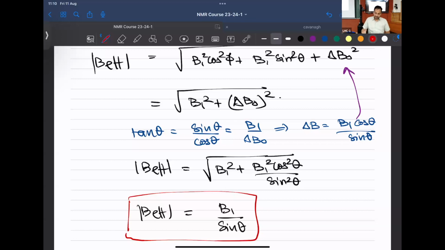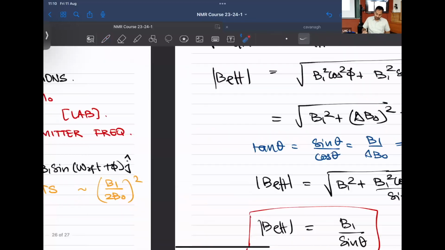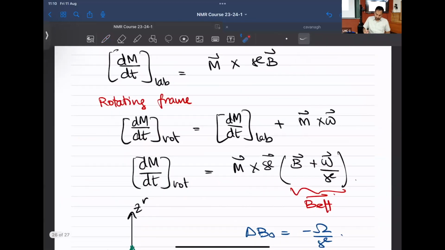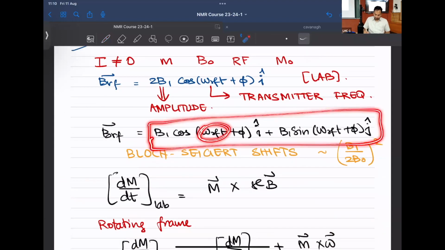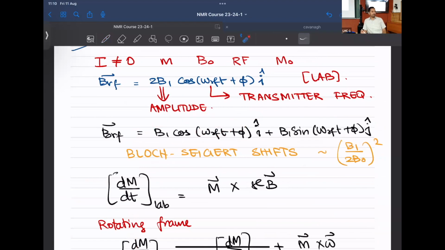What is the origin of this delta B naught? The pulse that you apply goes with a certain frequency and a certain phase. The phase is determined with respect to the x-axis, where did you apply, correct? Now, if you set the rotating frame frequency to the transmitter frequency omega RF, then the motion with respect to B naught precession will not be seen, correct?